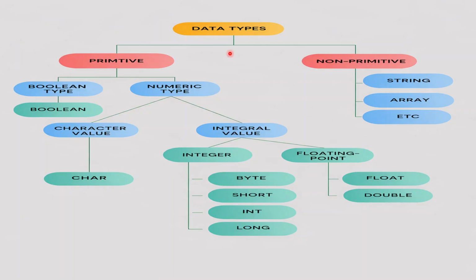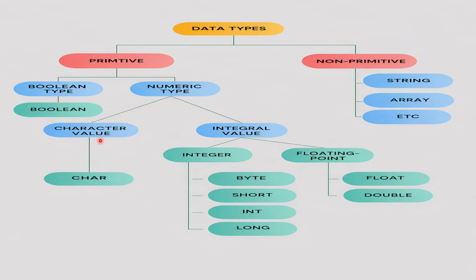In Java, data types are divided into two main categories: primitive data types and non-primitive data types. Primitive data types mean those whose size is fixed, and non-primitive data types mean those whose size is not fixed. Primitive data type is divided into two types: boolean type and numeric type. Under boolean type we have the boolean data type, and numeric type is again classified into two types.